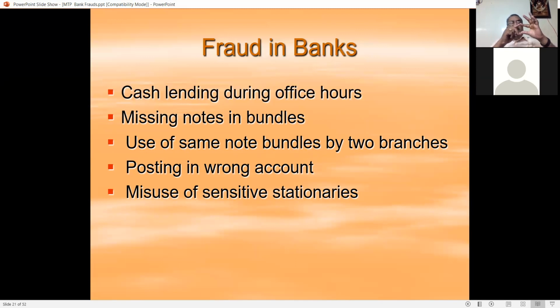When I opened the DD book, I found that one DD number was missing. When we scrutinized further, I noticed that the officer had encashed the DD, because it was paid at Bangalore from Salem, as the DD was issued from Bangalore and the payment was done at Bangalore. I found this during the staff audit. So misuse of sensitive stationery is a fraud done by the staff.